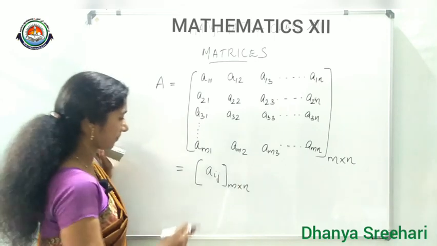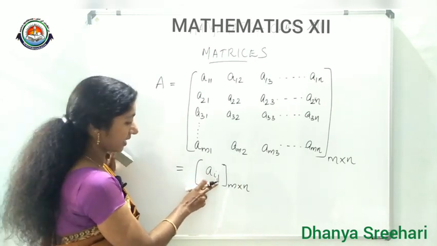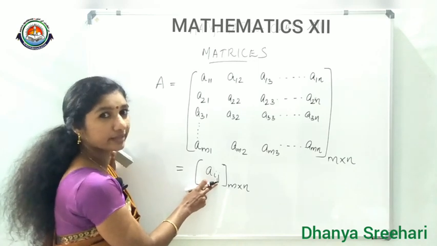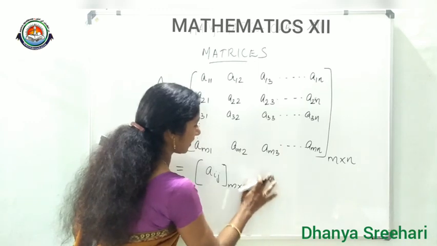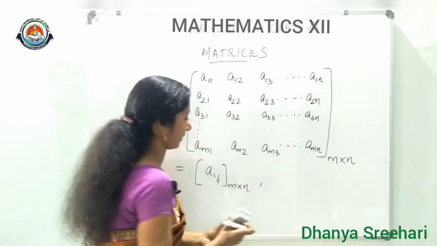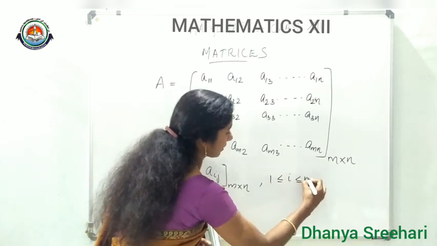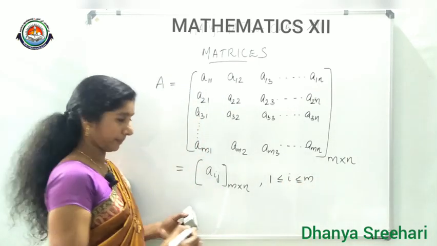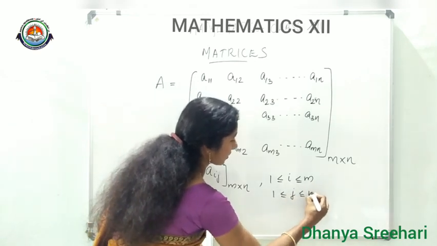What is its meaning? Aij. I is for representing rows, j is for representing in which column it is. And what will be the value of I? 1 less than or equal to I less than or equal to m. I from 1 to m. And 1 less than or equal to j less than or equal to n.